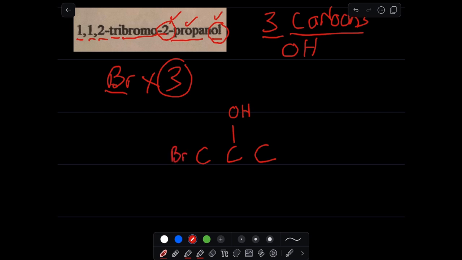So we're going to have Br, and what you can do is put a subscript 2 on there to indicate that you have 2 of these on the 1st carbon. So that's all this means. You have 2 on the first carbon. You also have 1 on the 2nd carbon. So it'll look like that. And then you just do CH3 there. So that's one way of doing it.